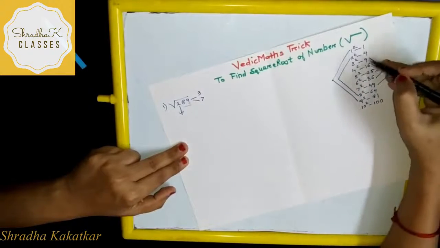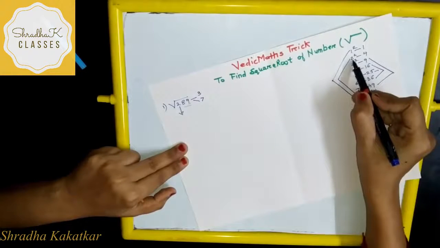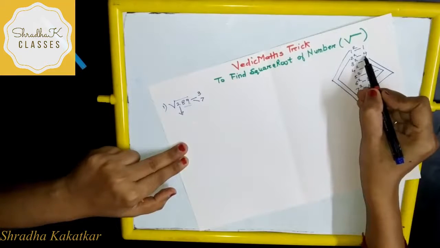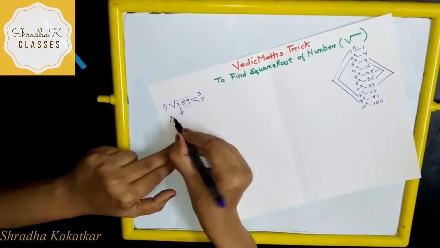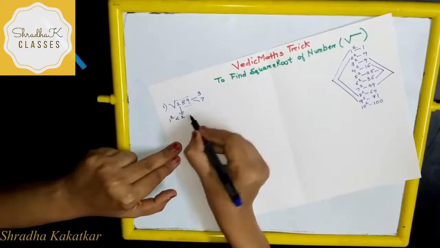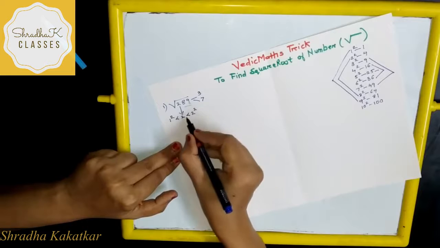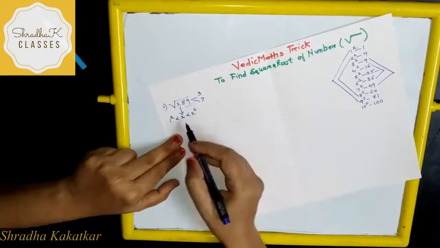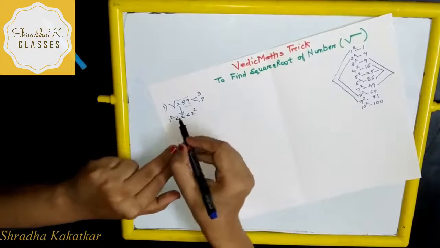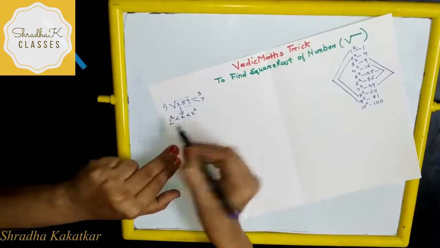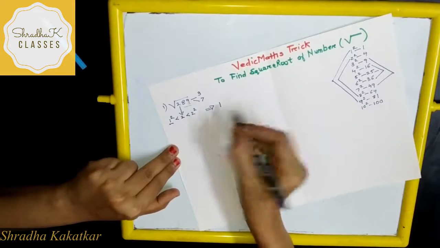If you observe, 1 squared is less than 2 and 2 squared is greater than 2. So from this we got the first digit of our answer. This 1 you write over here. This is your first digit of the answer.